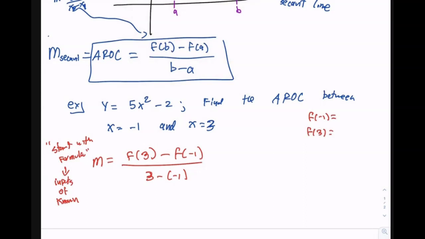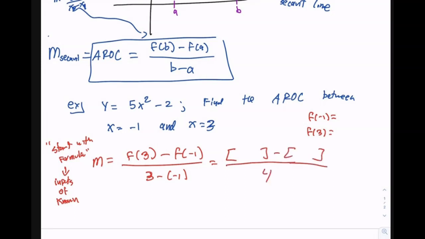Now, the premise of this, if you want to be strong with this material, is don't use a calculator. We shouldn't be using a calculator just to plug in numbers. Unless I specifically say calculator active, try to do nothing with the calculator here. So you can find these values on the side, or if we're doing it by hand and putting it into the formula, I like to use brackets minus brackets, and then this would be over 4.